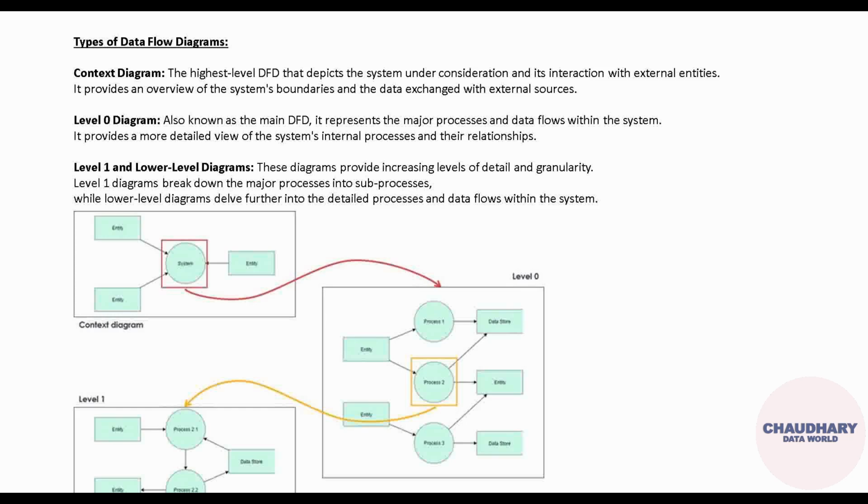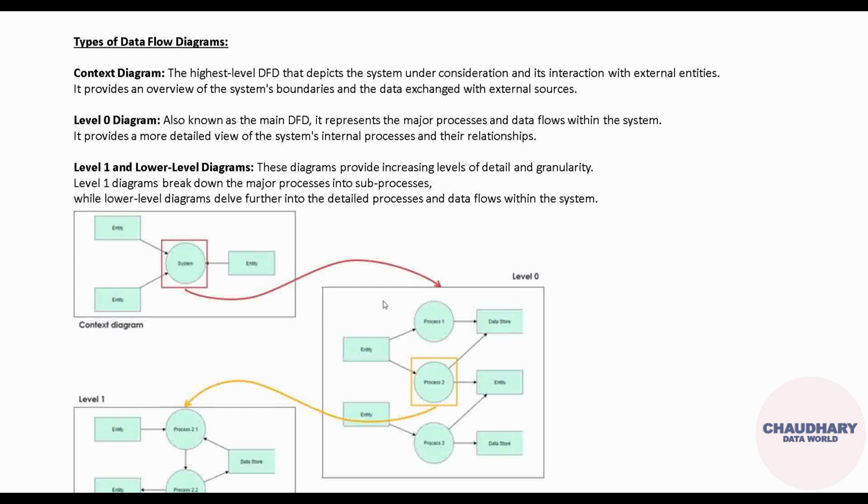That will be mapped at the entity level. After that, this is a system. Definitely there will be a centralized system with which it will be connected. It's a context diagram which gives you the context of how your business is working at the highest level.